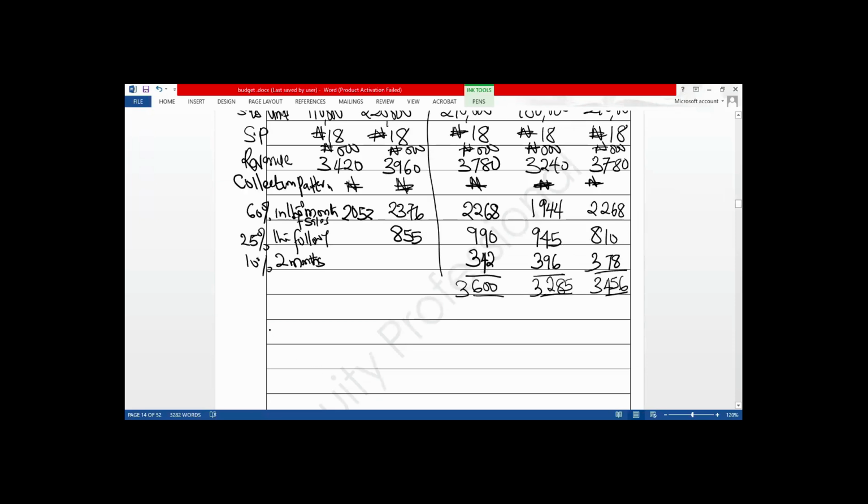Working 2. Labor wages. We have the months. January, we are going to produce 215,000 units.